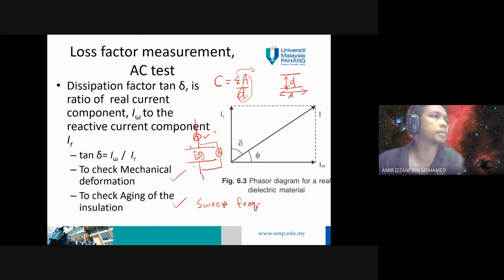Okay, loss factor measurement in AC test. Dissipation factor tan delta is the ratio of the real current component I omega to the reactive power component. The real power component is the real current that flows through a conductor.